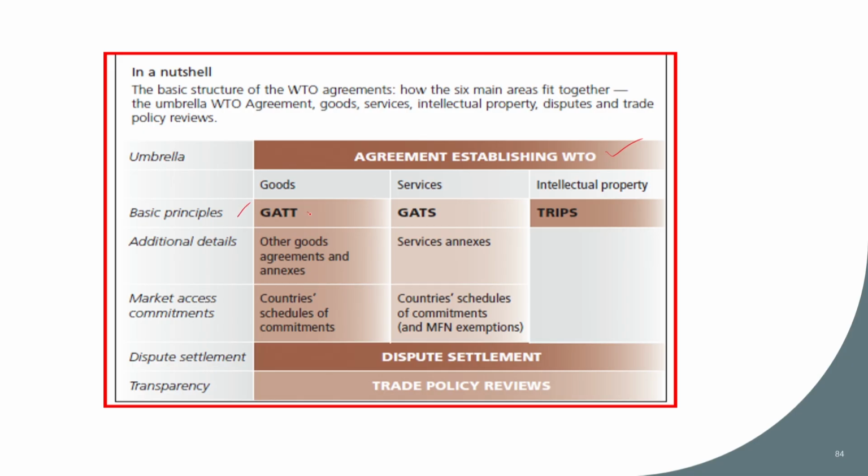It includes GATT on goods, GATS on services and TRIPS on intellectual property, the three separate domains. Then the other key elements are the market access commitments, that means country schedules of commitments, and in terms of services, country schedules of commitments and MFN exemptions. Apart from this, there is the dispute settlement mechanism, and to ensure transparency, trade policy reviews are conducted under the framework of the WTO.